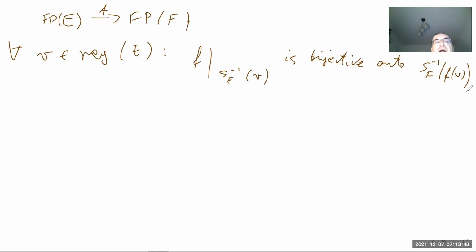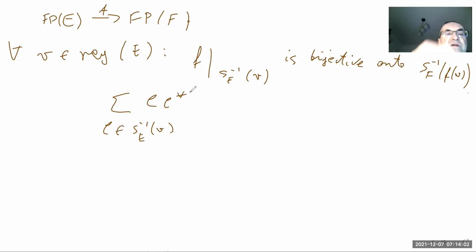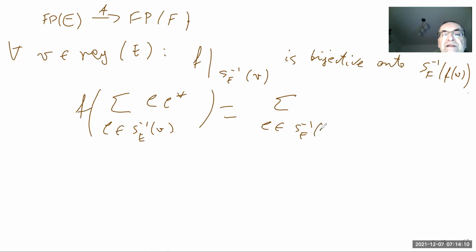Right, then we're home and dry, because we're looking at the sum, taking all edges e running over the pre-image of v under s_E, of e e star. Then we apply our f, and we get the sum over e running over this set of f(e) f(e) star.